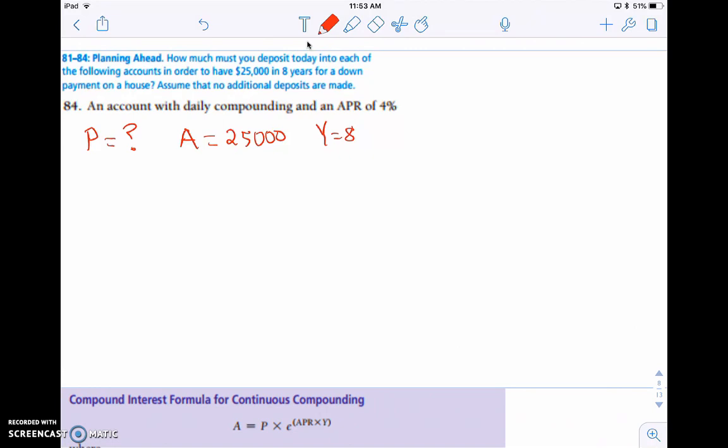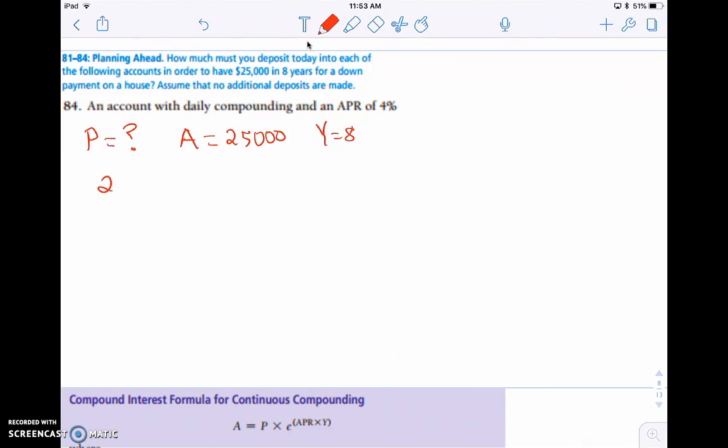And we'll assume that no other deposits are made, so you're not depositing money every year or once in a while or anything like that. How much do you put in and then leave there for 8 years to have $25,000 in the end?